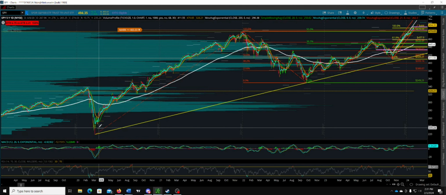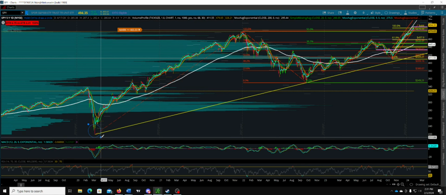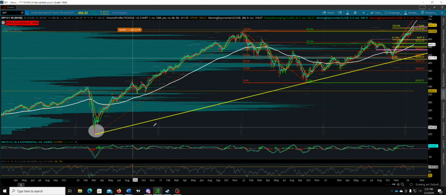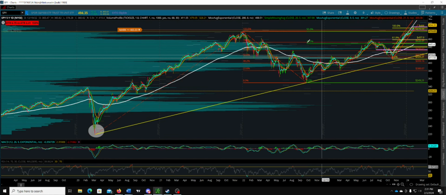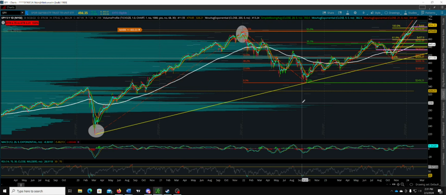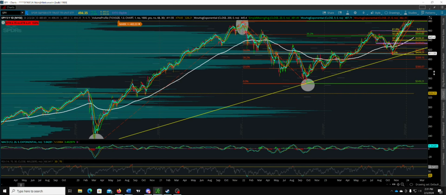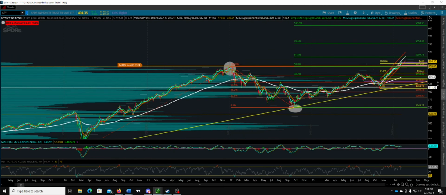This tool. Right down there, see? COVID lows. And then there's the high right here. And then the lows right there.